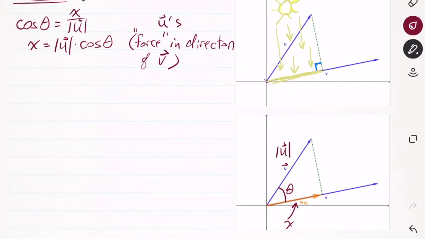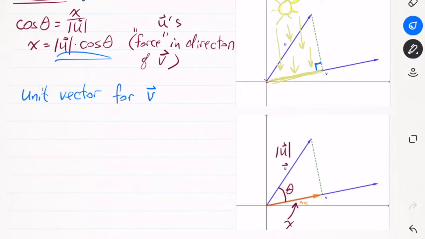So the next thing is we're going to go back to a topic that I discussed earlier about unit vectors, that if we create a unit vector, then we just have to multiply by its magnitude to get it to be the right length. So I know the direction I want to go is in v, so I need a unit vector for v, so I can scale it to the size that I want, which is the magnitude of u cosine of theta.